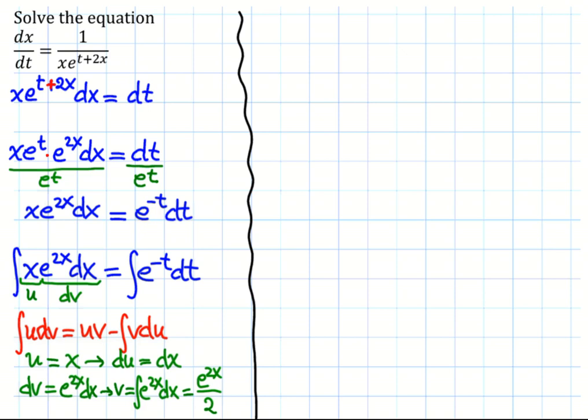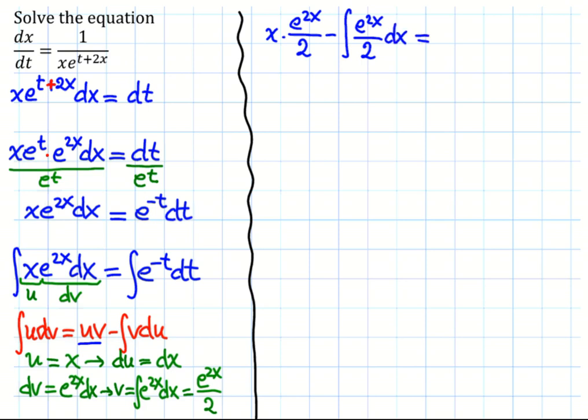Right. The left-hand side integration is integration by parts. We have uv minus integral v du. U is x. V is e to the 2x over 2, minus integral of v, which is e to the 2x over 2, and du is dx.